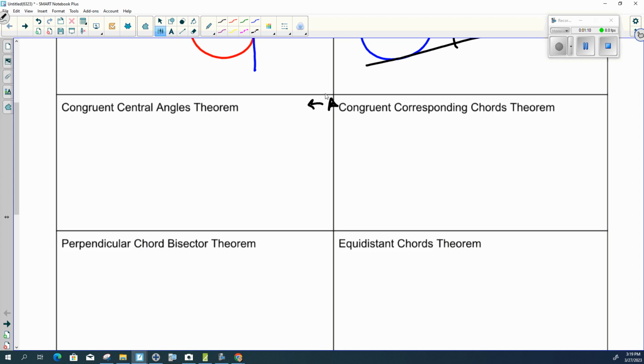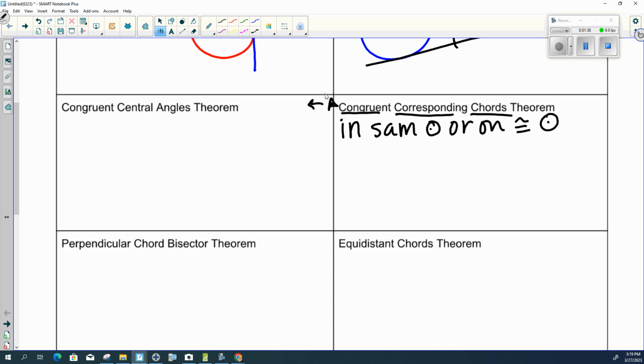So it says chords either in the same circle. In order for them to be congruent corresponding chords, they have to be in the same circle or on congruent circles. That's a must.